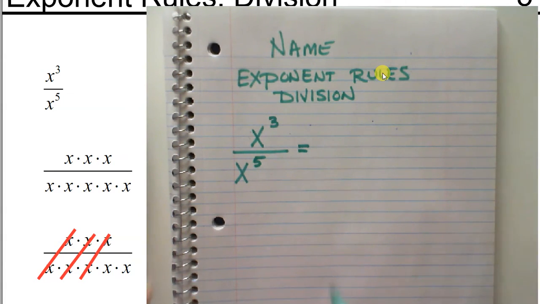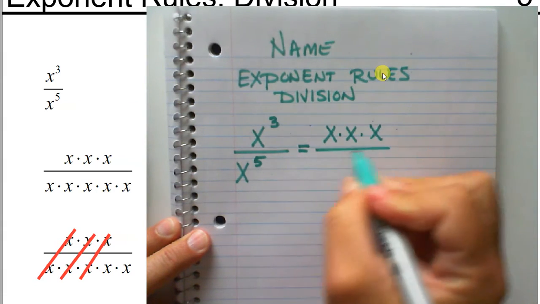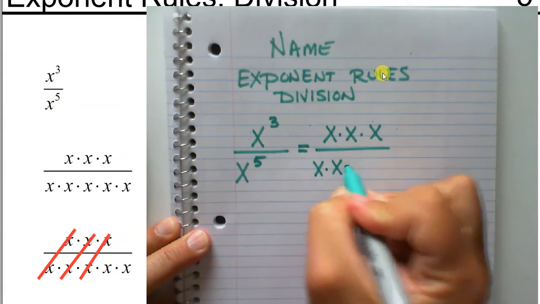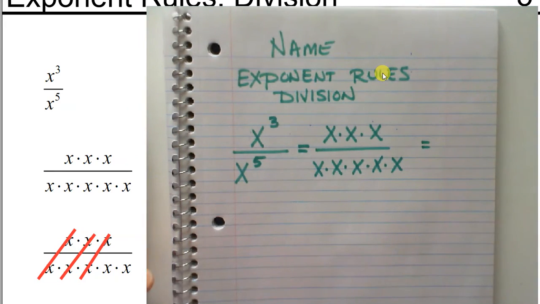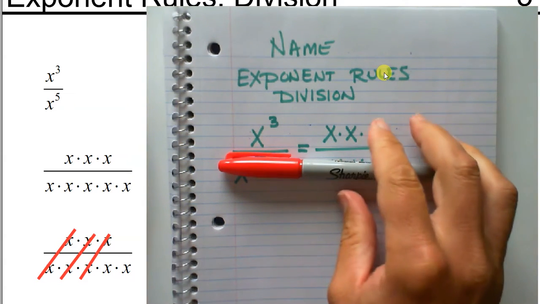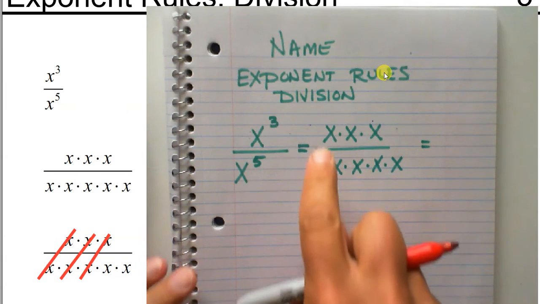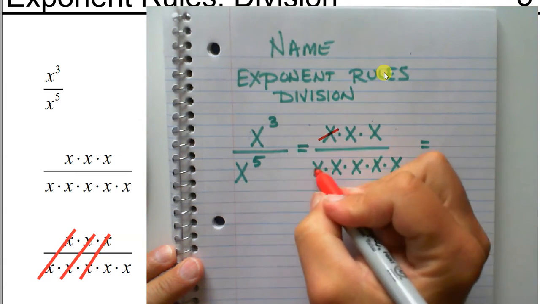Well, x to the third is x times x times x, right? And x to the fifth is x times x times x times x times x. This is the red marker of death and destruction, and I use it to cancel things out. So if I have an x over an x, they cancel out.